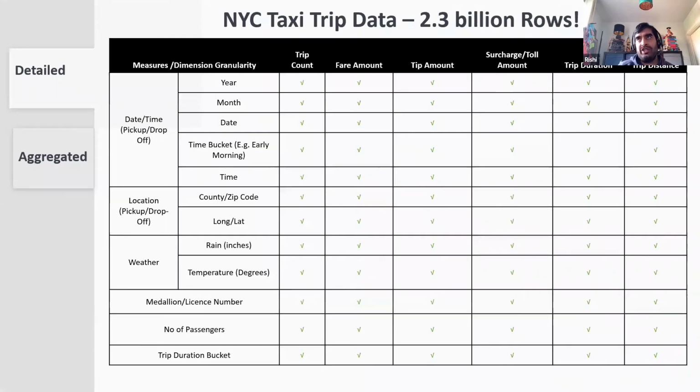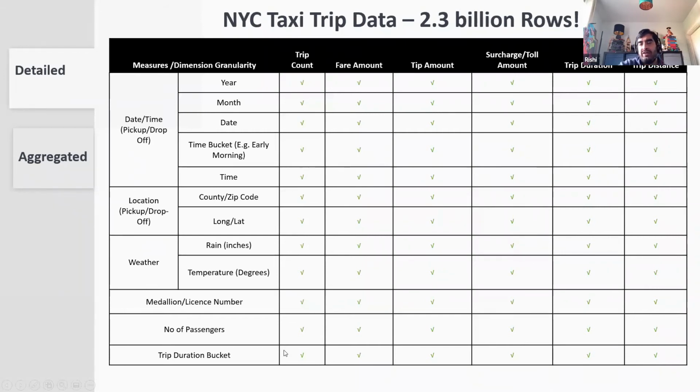This was just an example I put in here around actually thinking about the level of granularity of your data as well. So this is an example where I was working with some New York City taxi trip data of 2.3 billion rows, and we have data for every single trip: the longitude and latitude of drop off and pickup, the exact time, the rain in inches at that time, the temperature in degrees Fahrenheit.